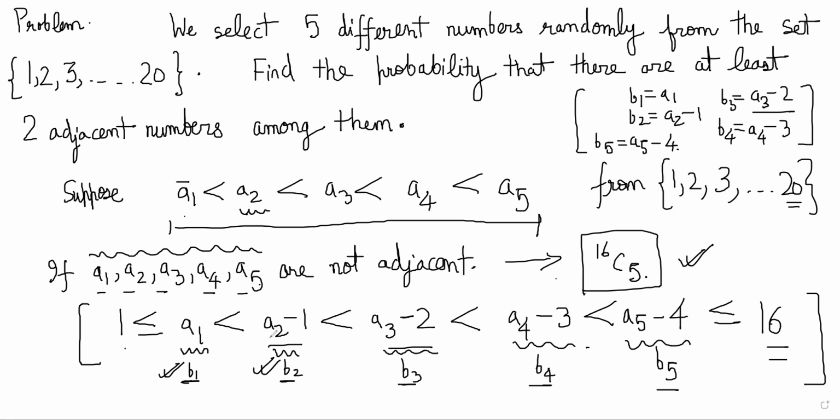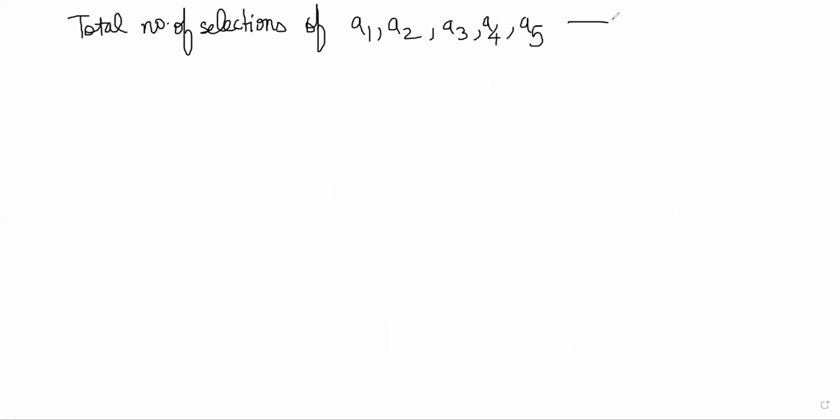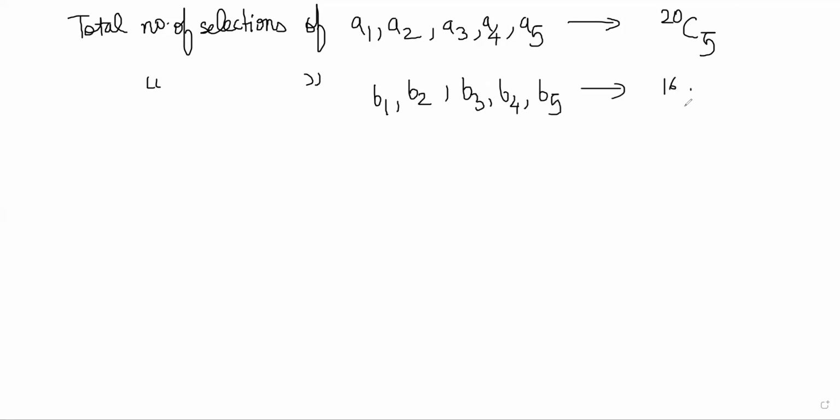So we can say the total number of selections of A1, A2, A3, A4, A5 was basically 20C5, and the total number of selections of B1, B2, B3, B4, B5, right? That was 16C5.